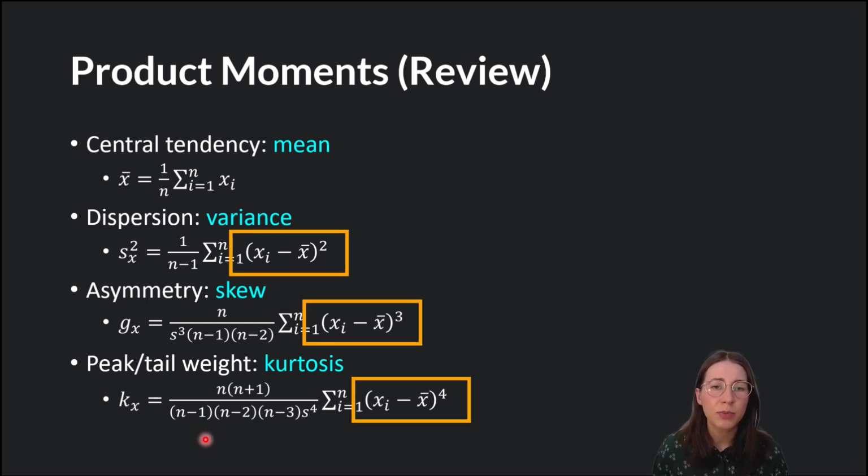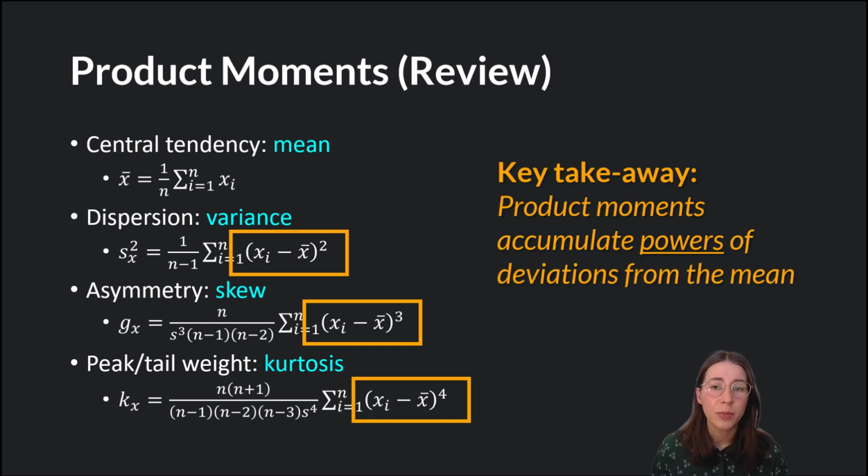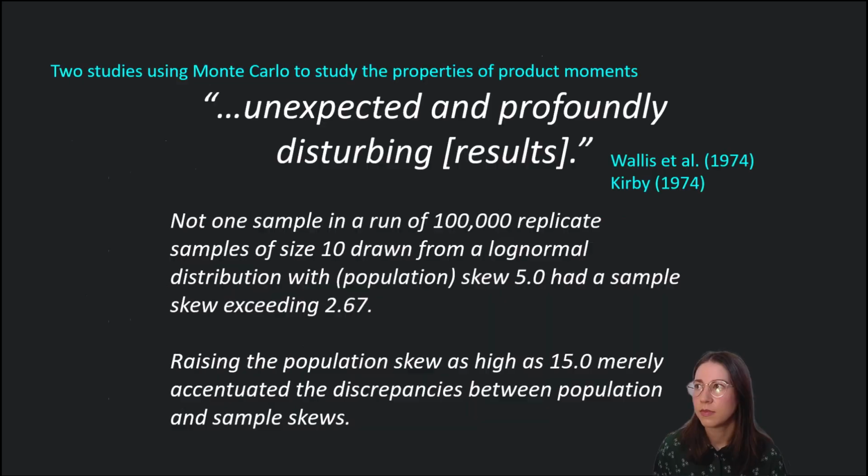Notice how, as each moment gets higher in power, the power of the deviation from the mean gets higher in order as well. So the key takeaway is that product moments accumulate powers of deviation from the mean. We will see shortly that this can lead to problems when using sample moments to estimate population moments.